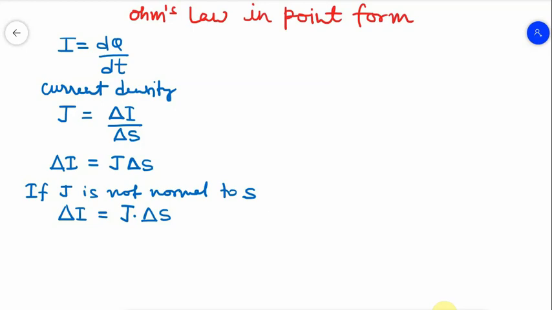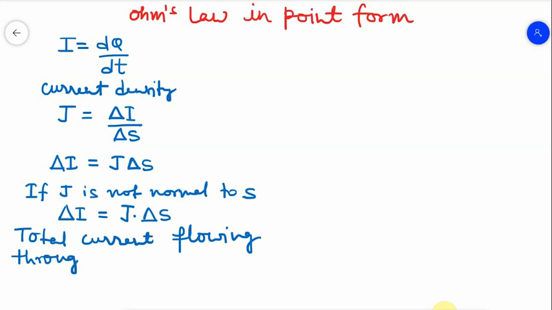Okay, so now if we want to calculate the total current flowing through the surface S, then simply we can integrate this equation on both sides and we will get the total current.